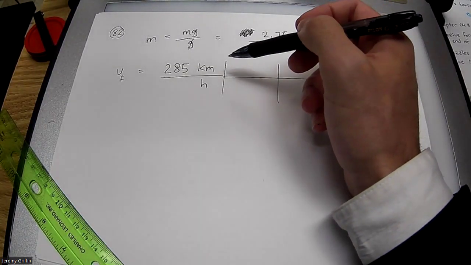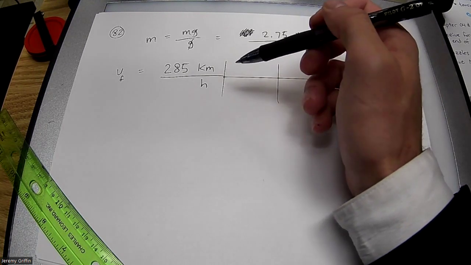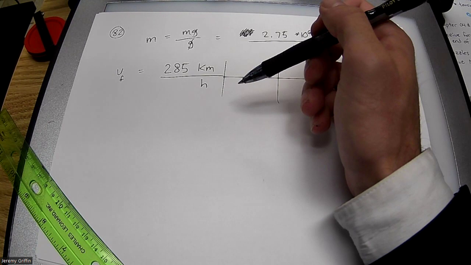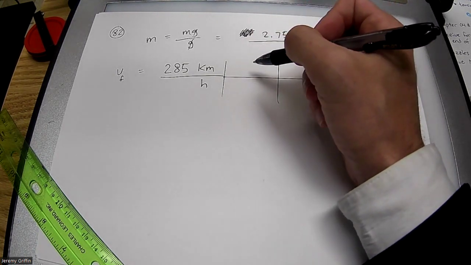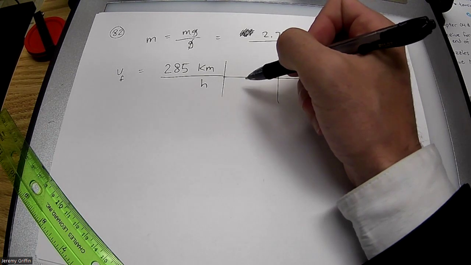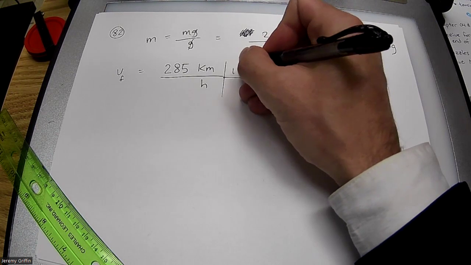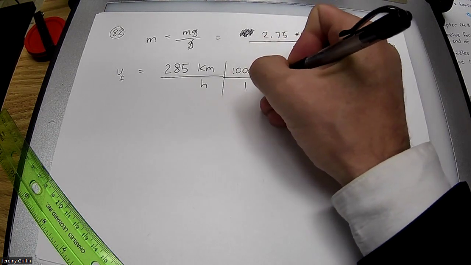So one step at a time. How many meters are in 1 kilometer? Kilo is a factor of 1,000, right? So should the number 1,000 go on top or on bottom? 1,000 meters in 1 kilometer.